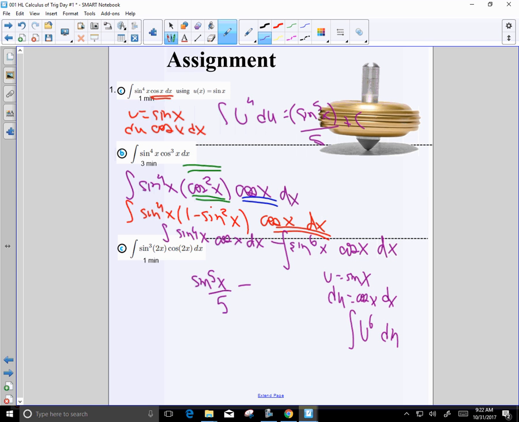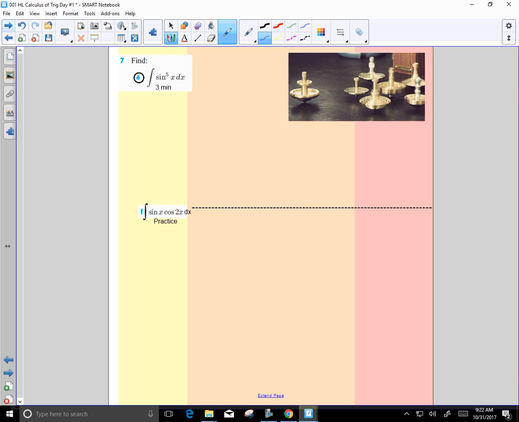So you can see how this is sine to the seventh x over 7 plus c. Does that make a little more sense, Gabby? And this one here, C, is the same thing as the first one, except you have this extra 2x in there. But are we okay with C? Okay, let's go to the next slide.